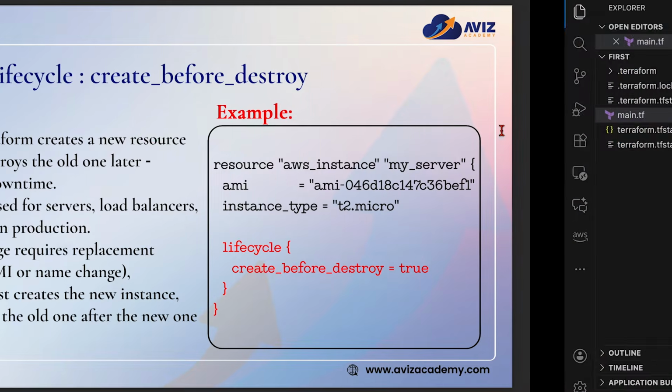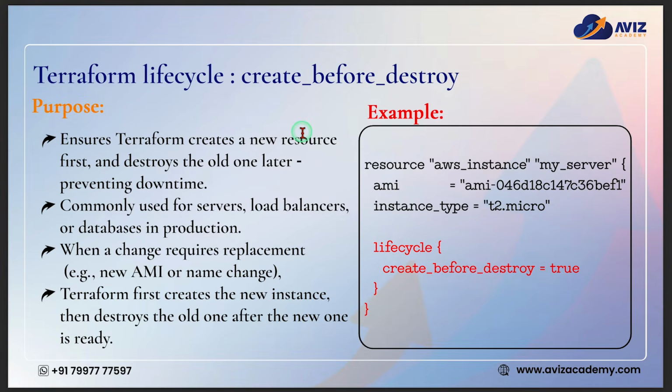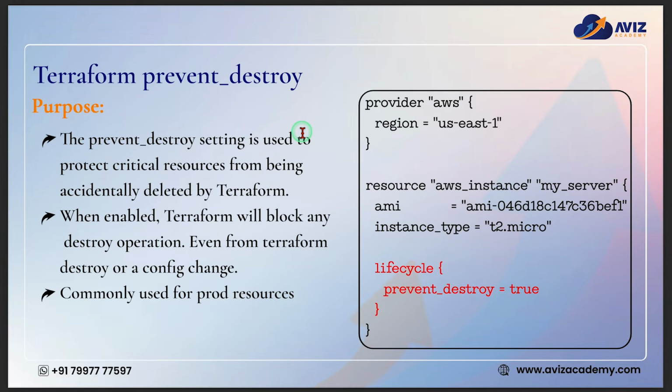That is one argument we have. The next one in this category is prevent_destroy. We already saw this. If I set this lifecycle and run the terraform destroy command, it is not going to work.